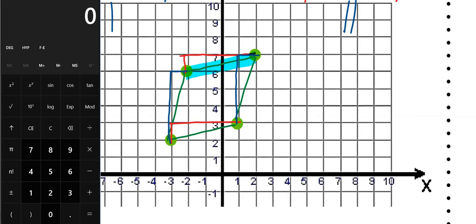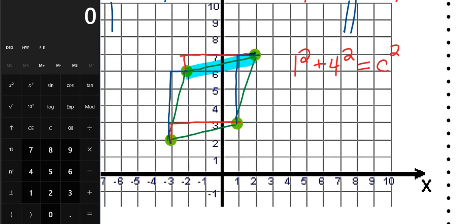So my work is going to be 1 squared plus 4 squared, is 1 and 4, equals the length of c squared.